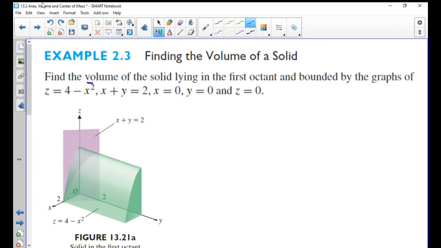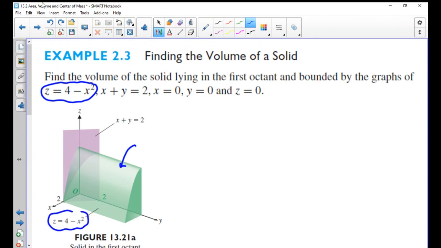This time the solid is bounded by z equal 4 minus x squared, which is basically the green thing here.